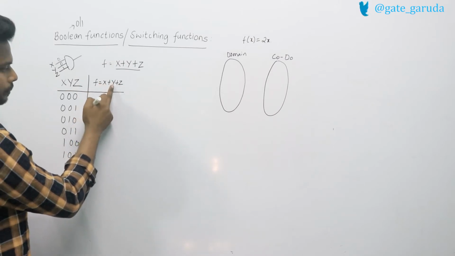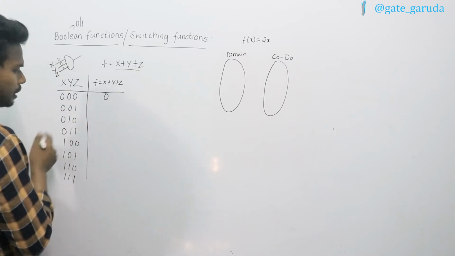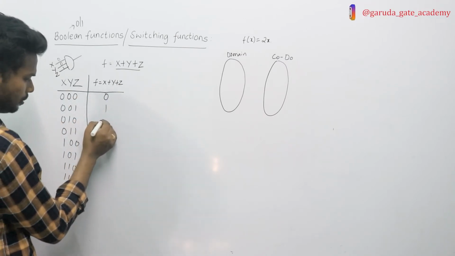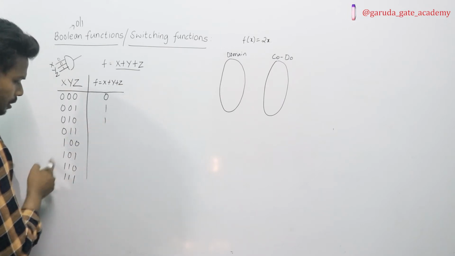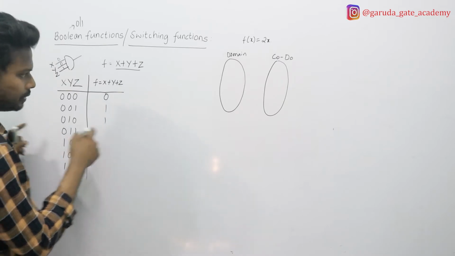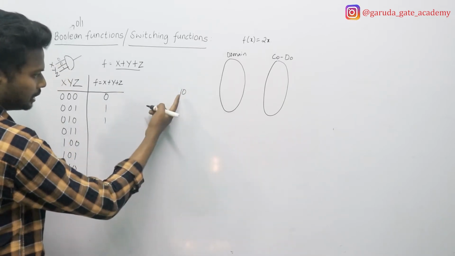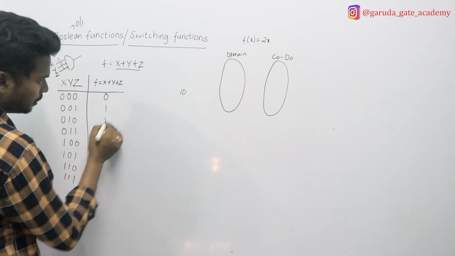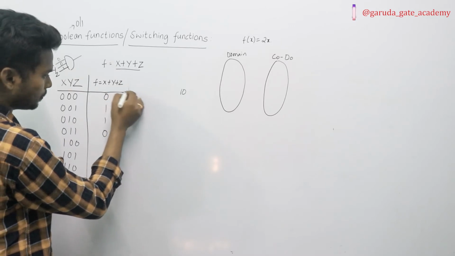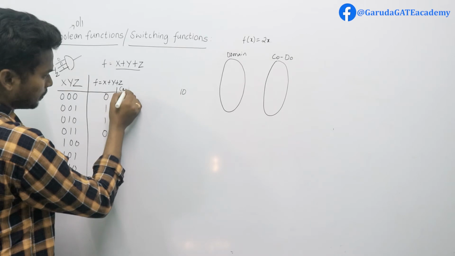Just adding the elements, 0 plus 0 plus 0 is 0, 1 plus 0 plus 0 is 1, and so on. Where we have 2 ones, which means 1 plus 1, that is 2, which is 1 0. So we are getting a carry here. Let us divide this.